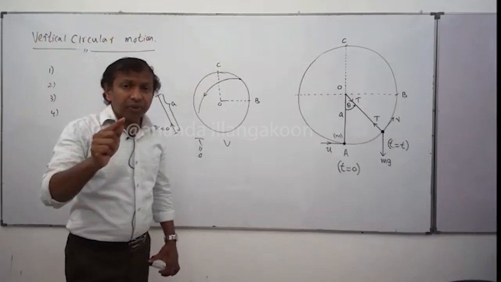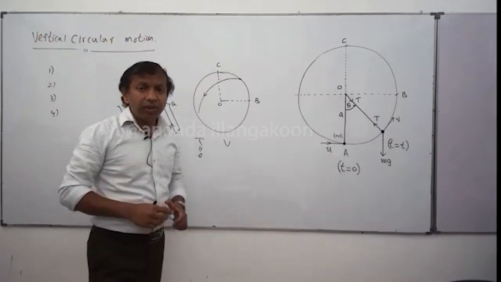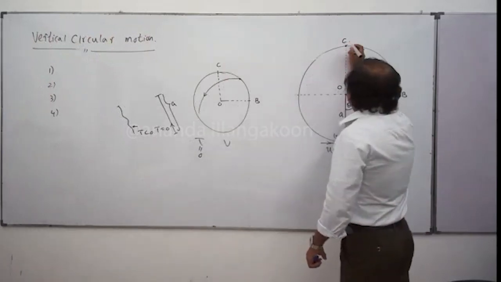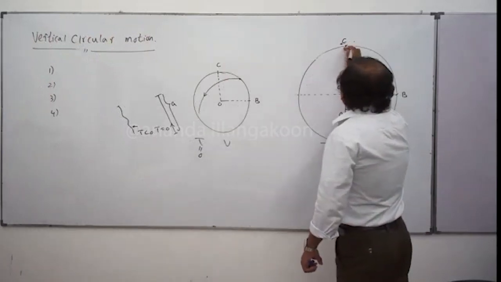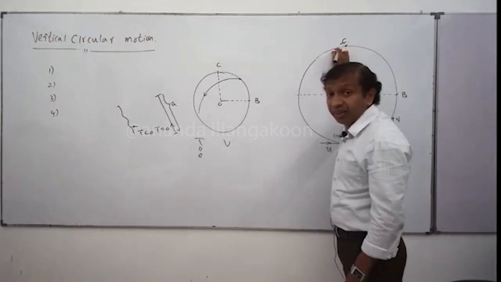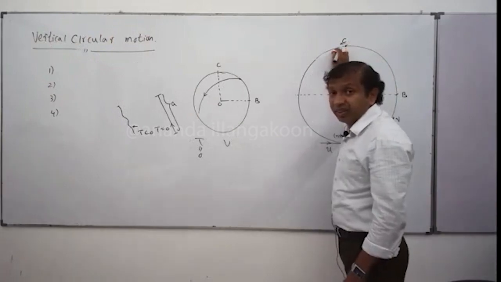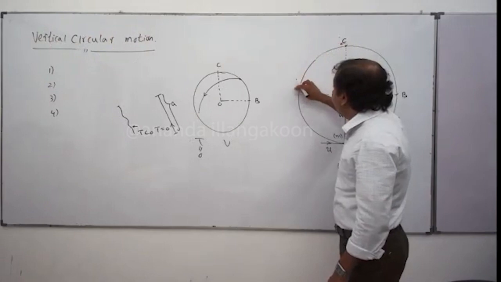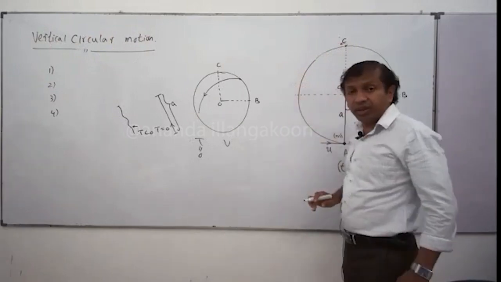And think, people, if this particle passes the point C this way on the circle, then definitely nothing will be happening to the particle. The particle will be moving on this circle very easily, right?